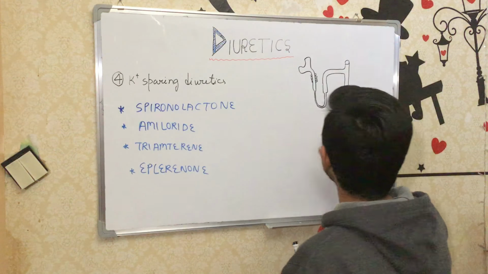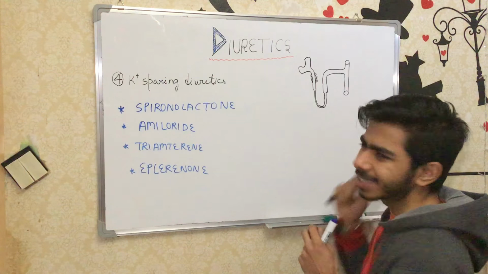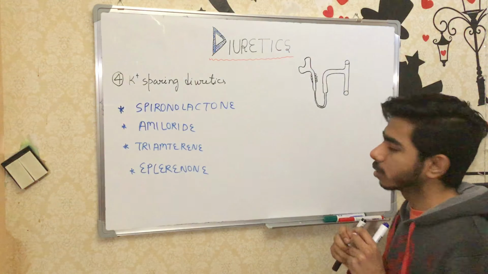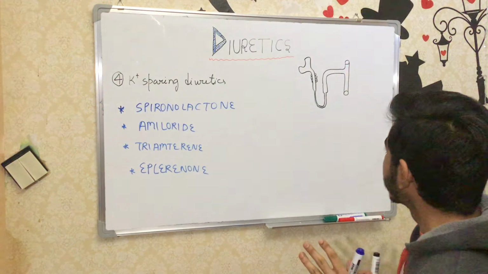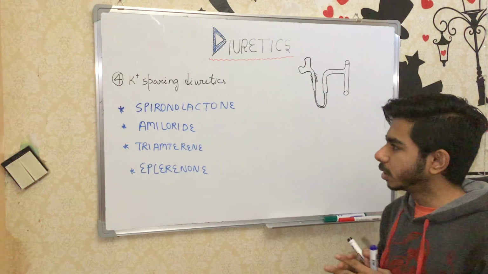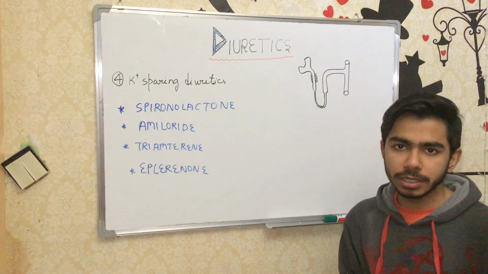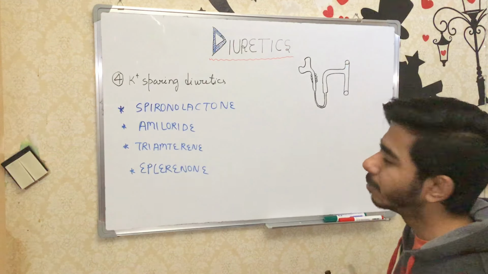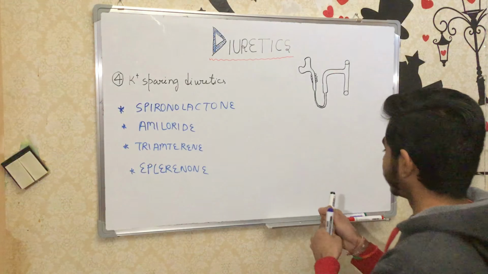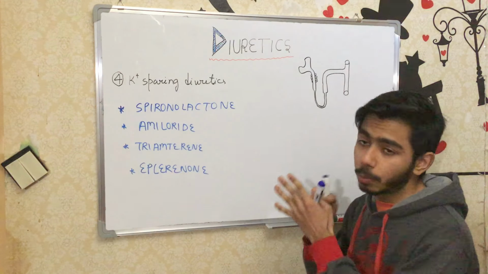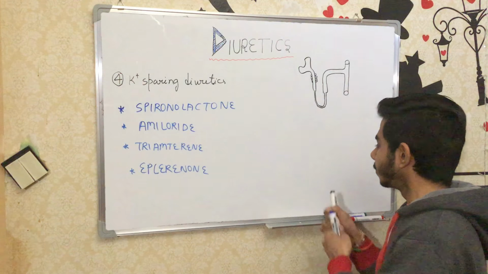So let's look at one cell of the collecting duct and check out the physiological machinery, how potassium sparing diuretics interfere with it and help in diuresis, and why they are called potassium sparing diuretics.